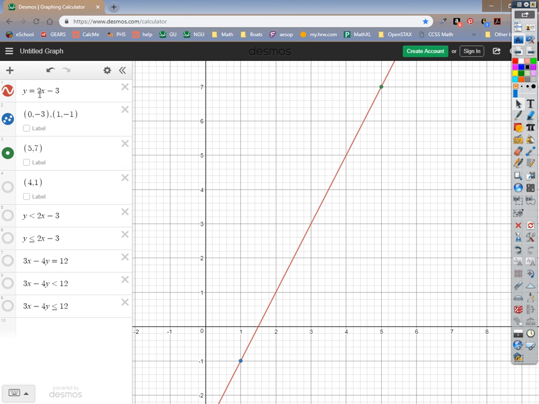If I plug that into the equation, does it work? Doesn't work. 2 times 4 is 8 minus 3. I'm going to end up getting 5 on the right side of the equation, and 1 for y. It doesn't work. 1 doesn't equal 5, so it does not satisfy the original equation.